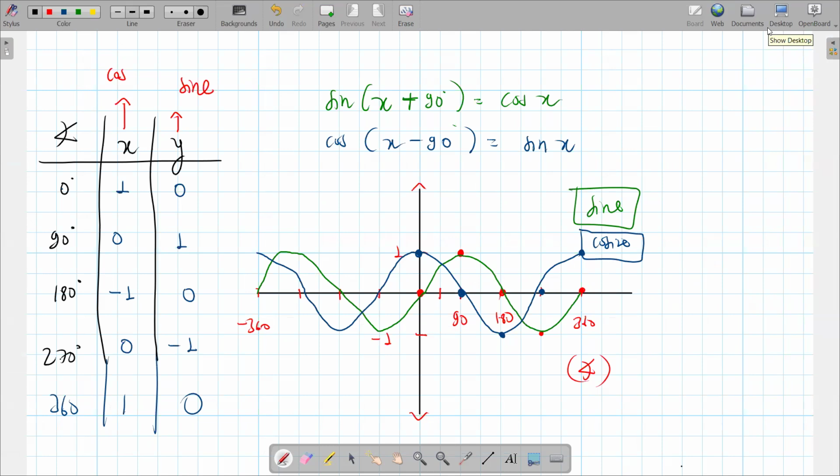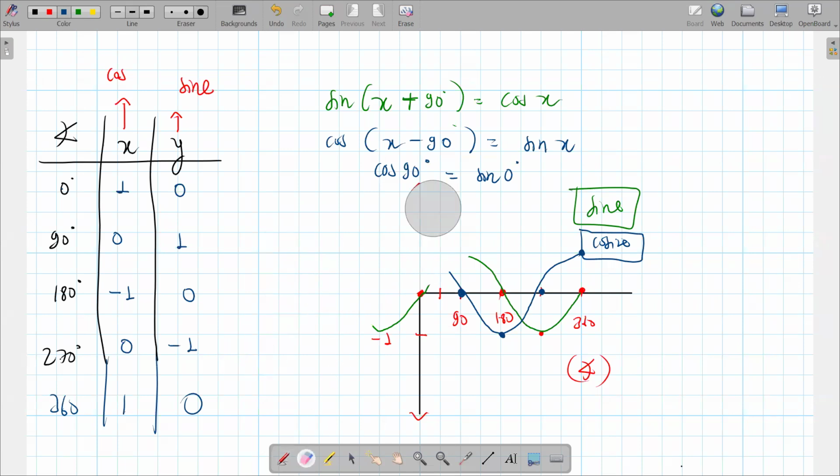So what does it actually mean then? For us, it means that cosine of, let's say, 90 degrees is the same thing as sine of 0 degrees. They're complement events. You can look at it that way.